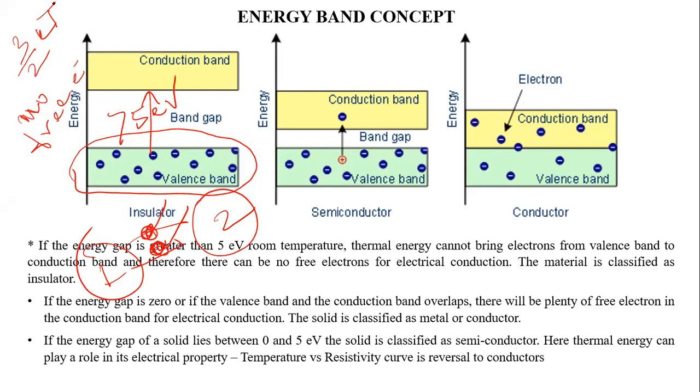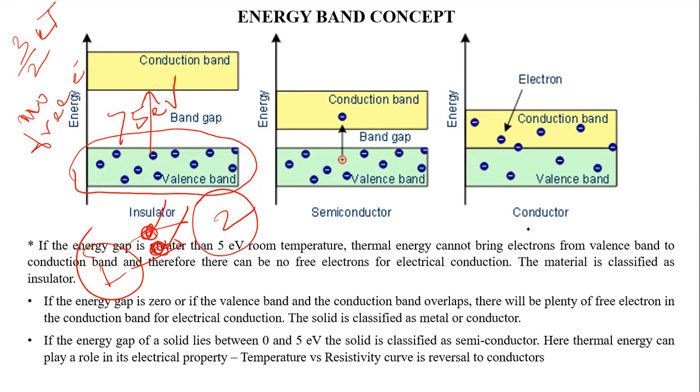So the thermal energy cannot detach these electrons at room temperature, and therefore an insulator cannot have any free electrons. So insulators cannot conduct electricity. They don't have any free charge carrier like electrons.